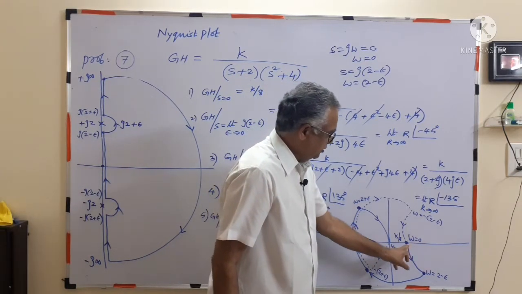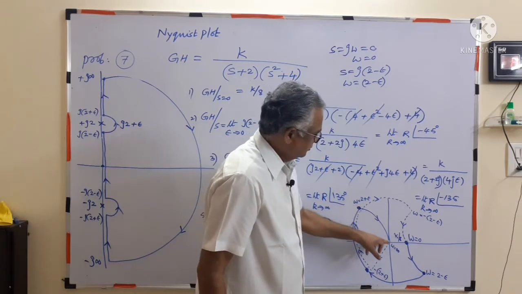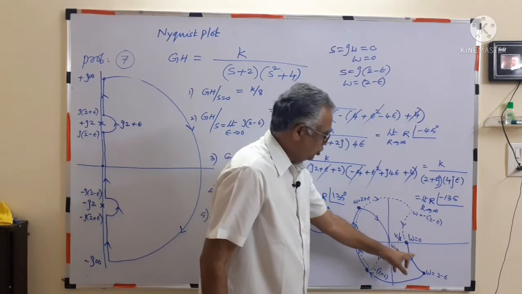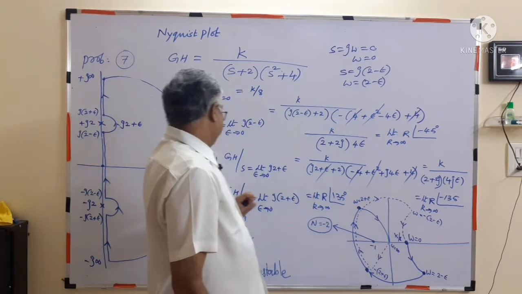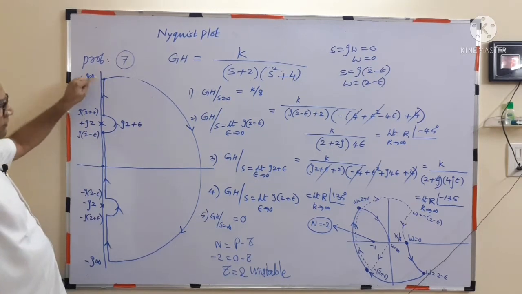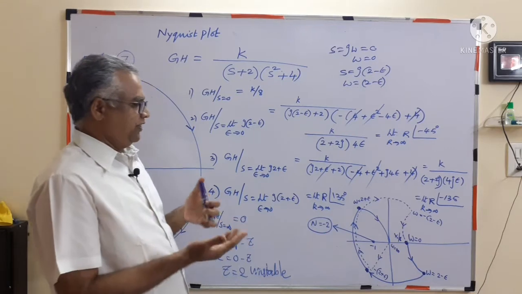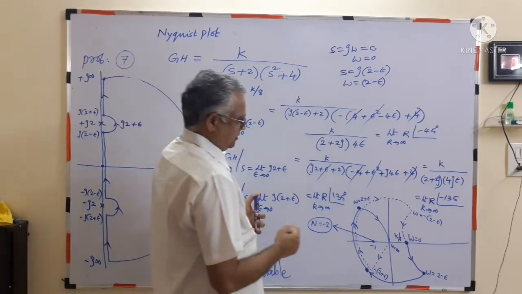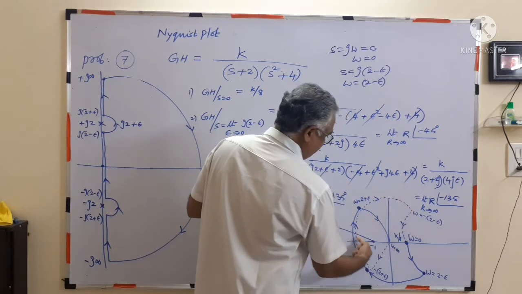So omega equal to 0 here, omega increasing, again going to 0. It is infinite. So 0 to infinite frequency. Indirectly, S equal to 0 to infinite means frequency 0 to infinite. Positive frequencies. Negative frequencies are the mirror image. So the mirror image of this will be like this.